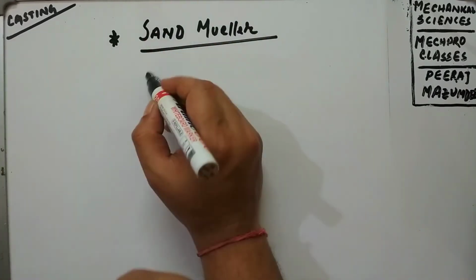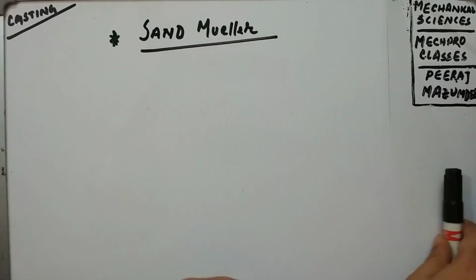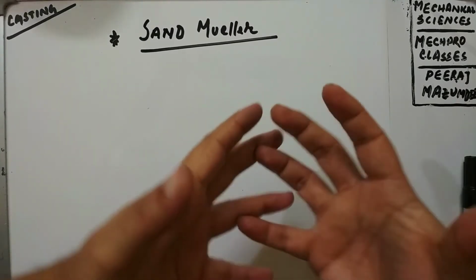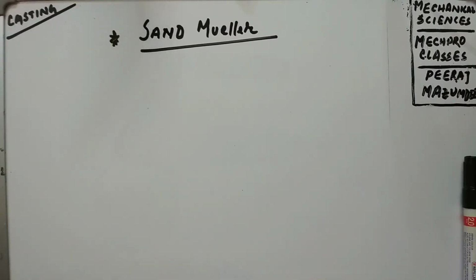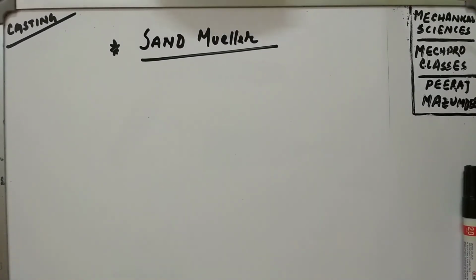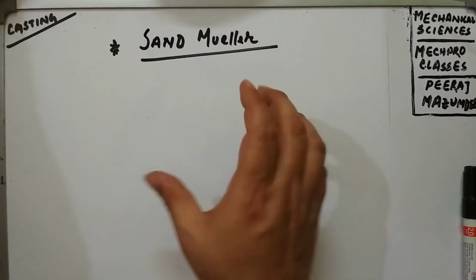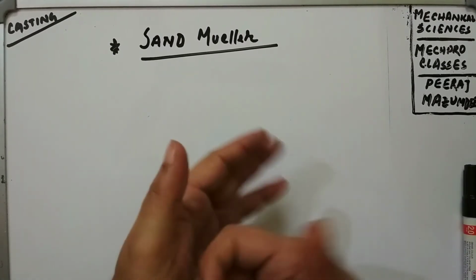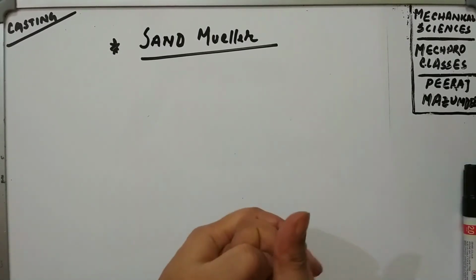During the preparation of molding sand, when we are making binders, additives, we have to mix the sand very well with water, clay, and different other additives and binders.